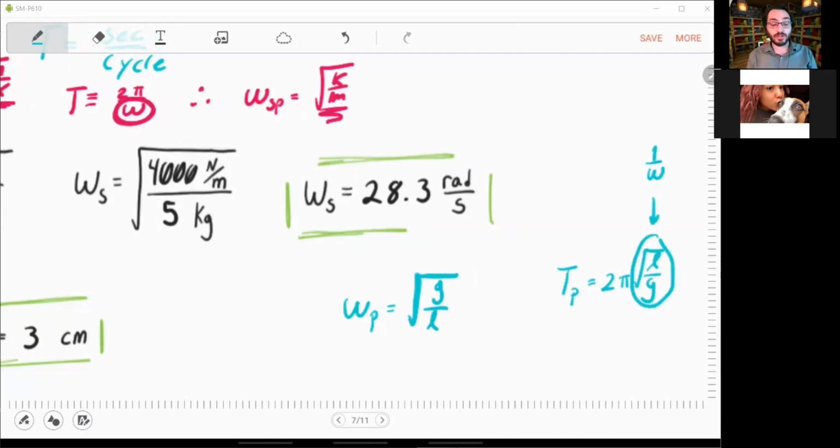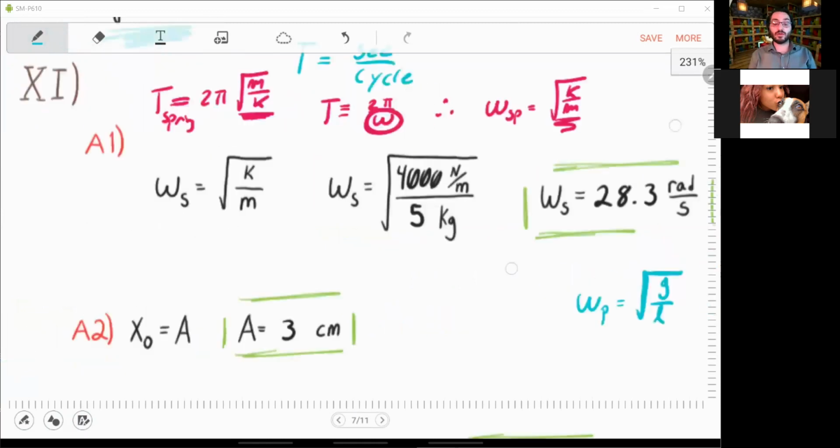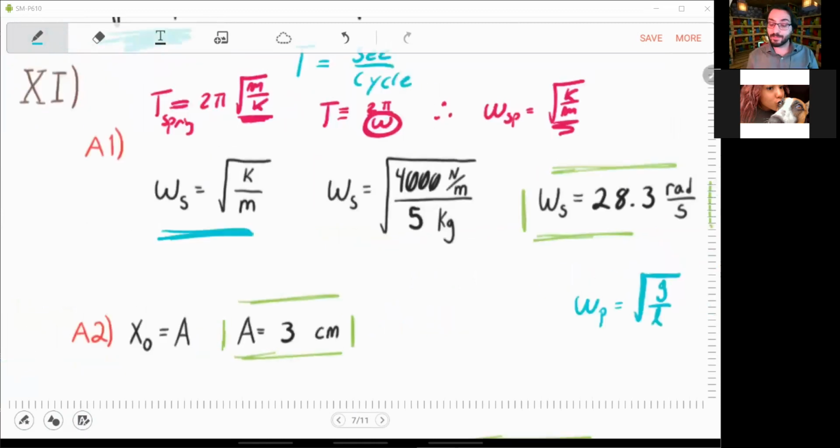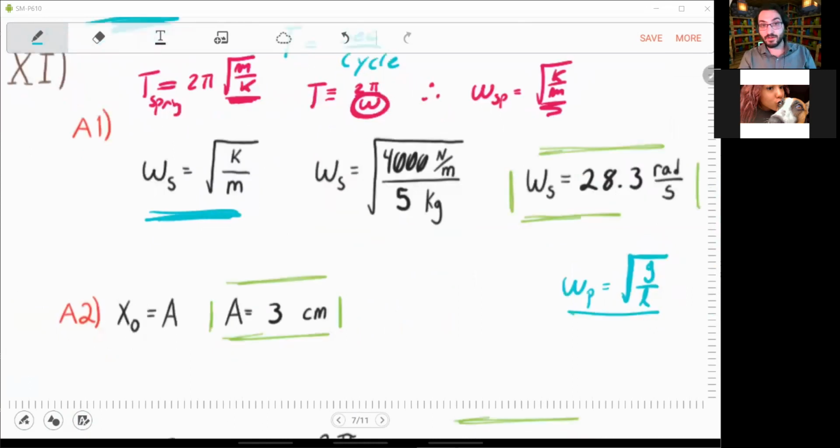But I can promise you this much, it is that straightforward. The omega of a spring is radical k over m. The omega of a pendulum is radical g over L. And so if you know g and you know L, you know the omega of a pendulum. If you know k and you know m, you know the omega of a spring. We're all right?